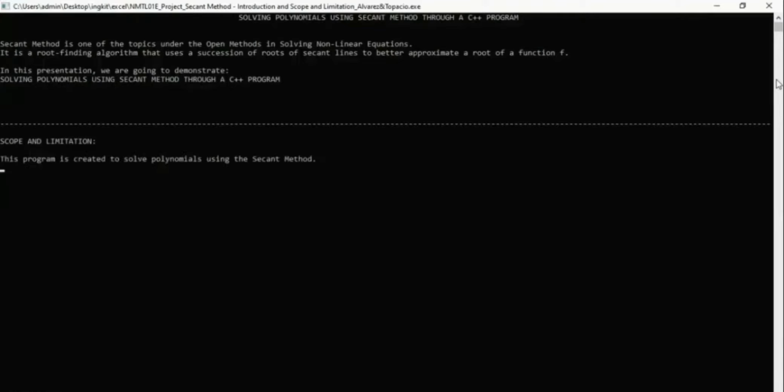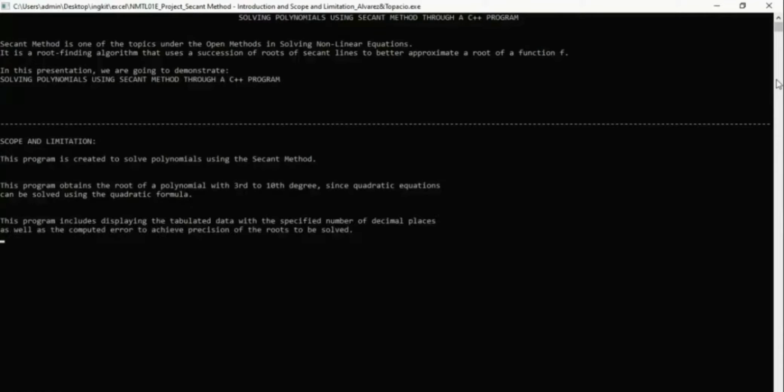Scope and limitation. This program is created to solve polynomials using the secant method. This program obtains the root of a polynomial with third to 10th degree, since quadratic equations can be solved using the quadratic formula. This program includes displaying the tabulated data with a specified number of decimal places as well as the computed error to achieve precision of the roots to be solved.